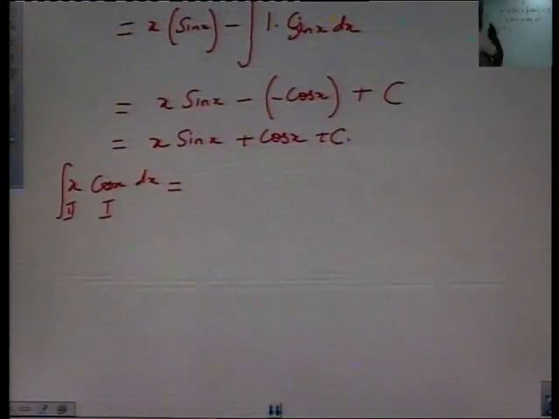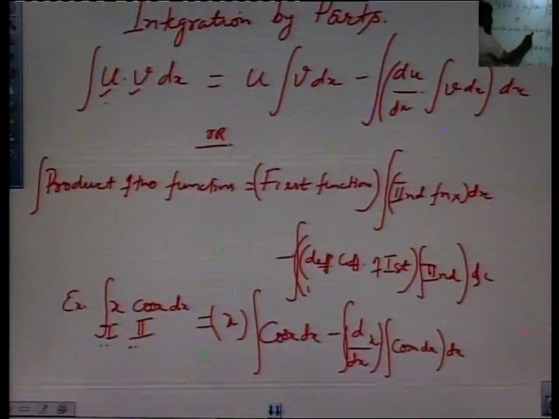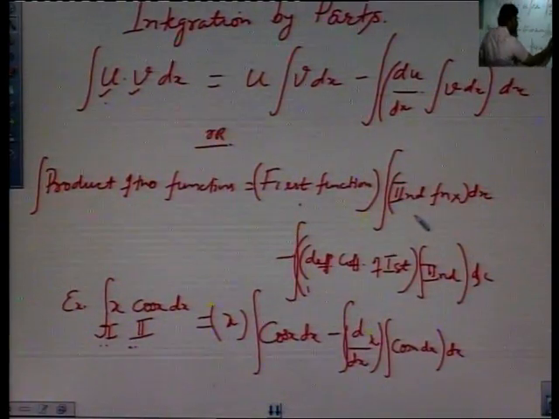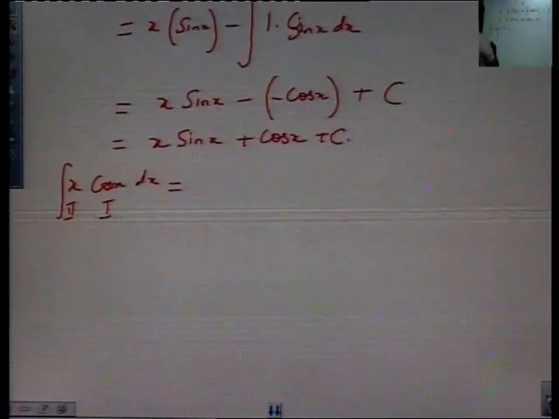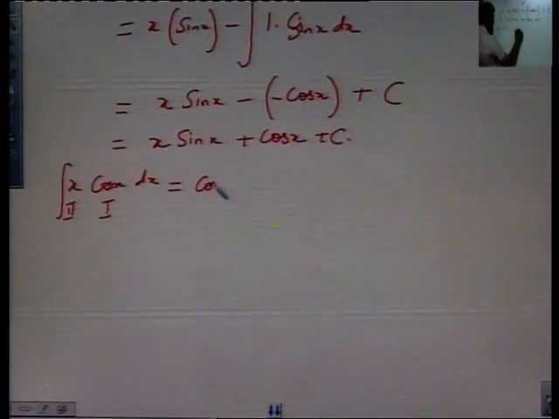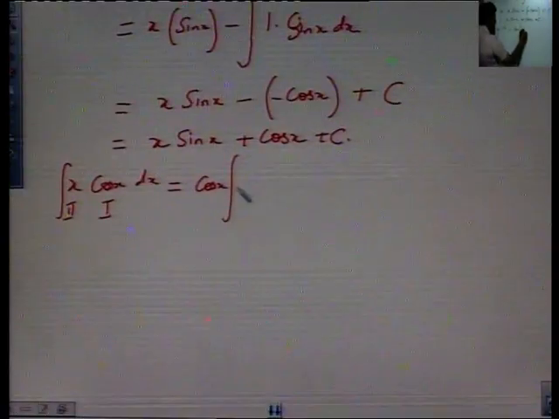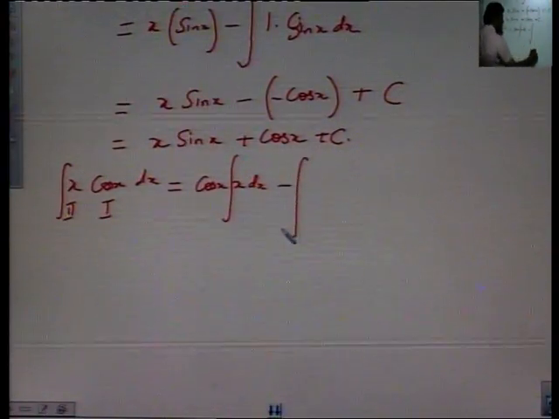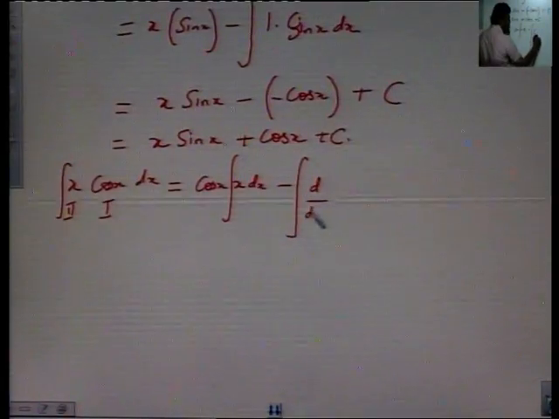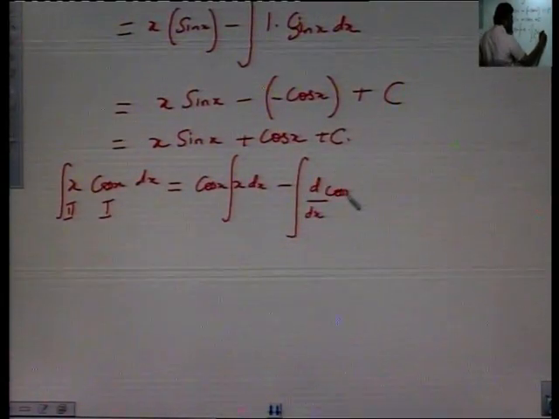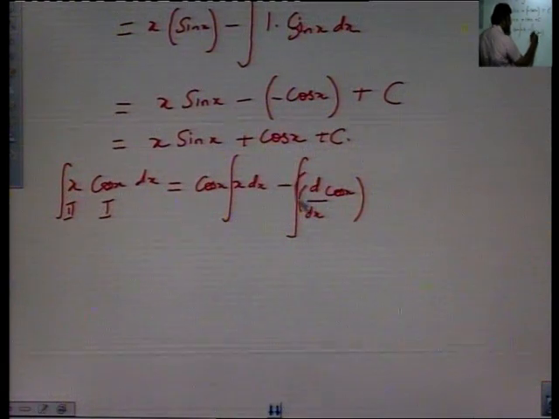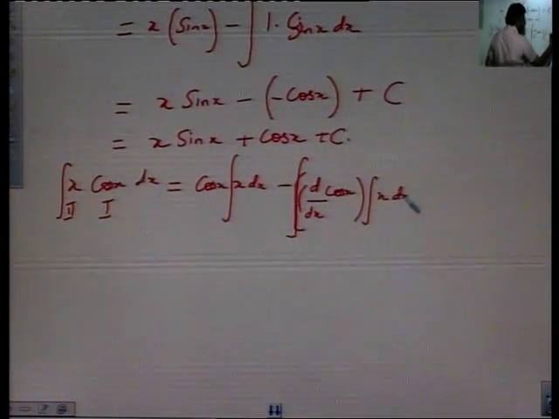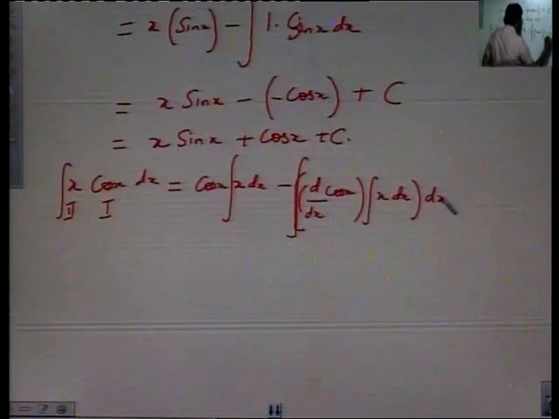Now, what is our formula? Our formula is first function into integral of second function. Now first function is cos x, into integration of second function, which is x dx, minus whole integral of derivative of first function, that is cos x, into integral of x dx.